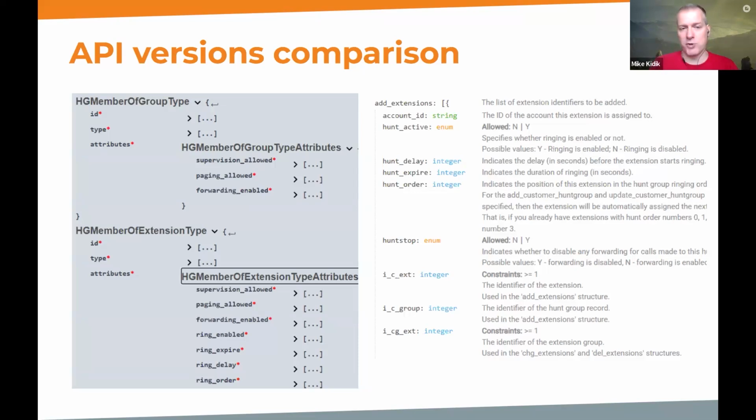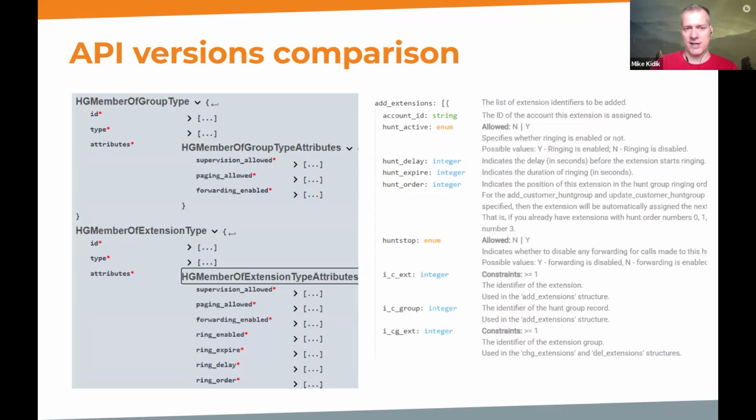But I don't know if you are aware, PortaBilling allows creating nested hunt groups, when one hunt group is included in another. I know it's not a very popular scenario, but bigger organizations tend to organize their hunt groups like that. So it is possible to include one hunt group in another hunt group. And if you're creating a hunt group and you want to include another hunt group here and also some extension into the hunt group that you are creating, you have a list of objects, and they can be one of those two types.